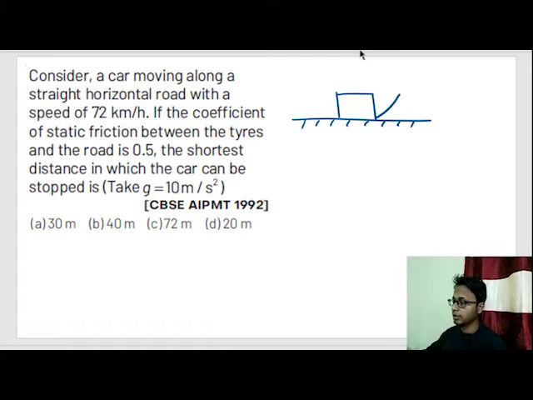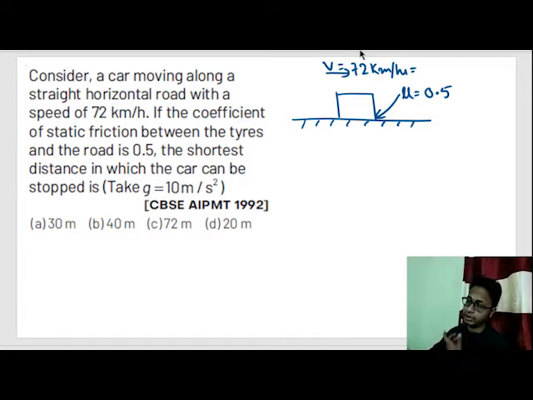The coefficient of friction between the car and the road is given by 0.5. The shortest distance in which the car can be stopped, that means it was going with some velocity of 72 km per hour, and this speed is given in kilometer per hour, so we have to convert this into meter per second. How do we convert 72 km per hour into meter per second?